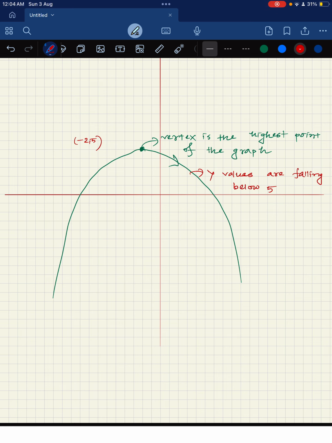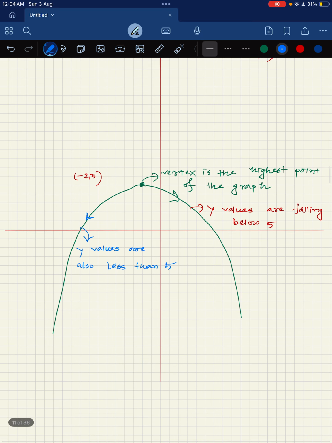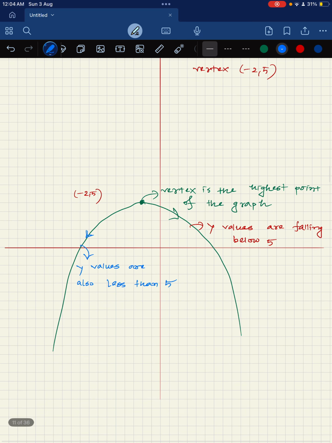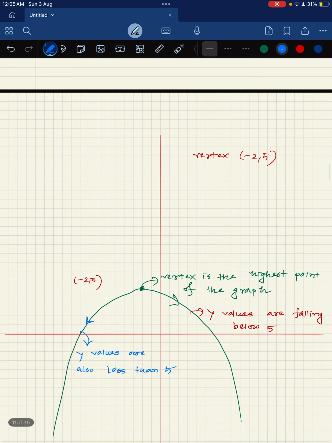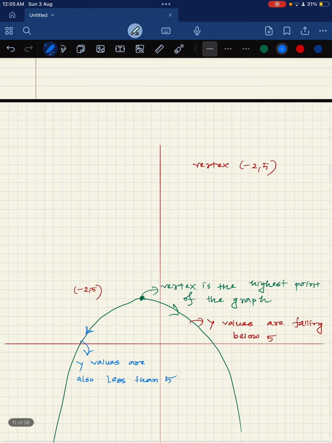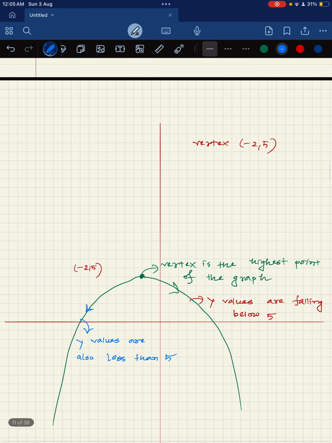And if we move to the left side of the vertex, here also the y values are less than 5. So that means the output value is actually less than 5.